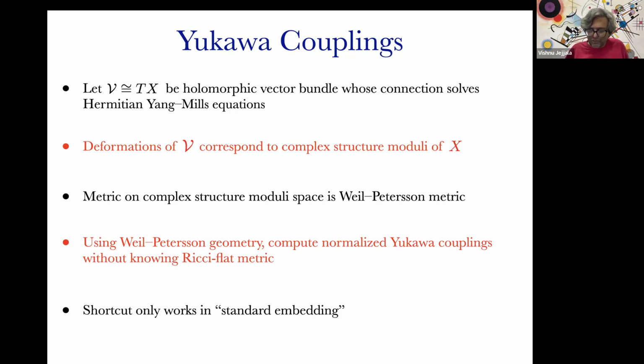The Calabi-Yaus that lead to the standard model in previous searches typically do not use a standard embedding, so they require actual knowledge of the Ricci-flat metric, and just knowledge of the Weil-Petersson metric of complex structure deformation space is not enough.